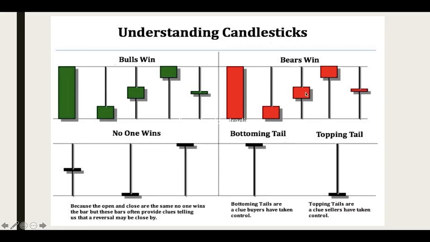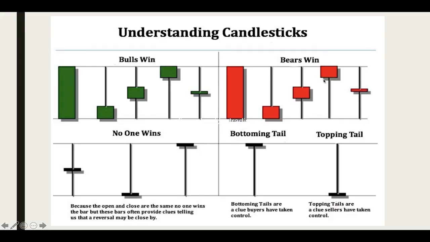Here, it's kind of the same thing. It's a doji bar. The buyers and sellers are mostly even. There was a battle, but nobody really won the battle. In this case, we opened at this price. We dropped all the way down, and the buyers came up. They bought it down here. They brought it all the way back up, and we still closed under the open.